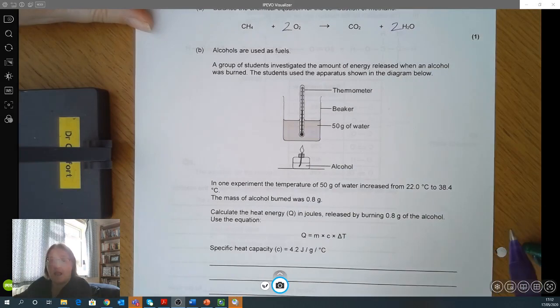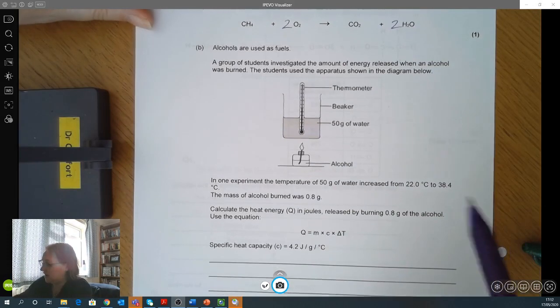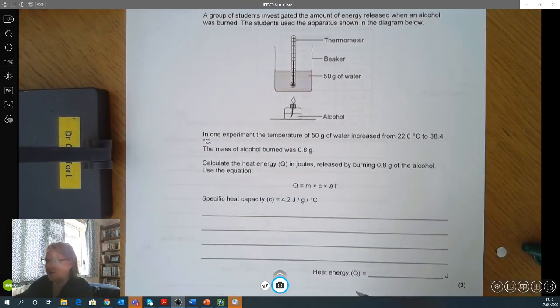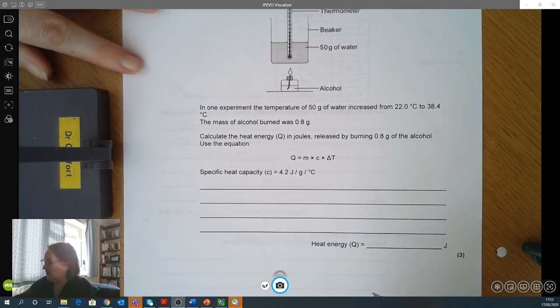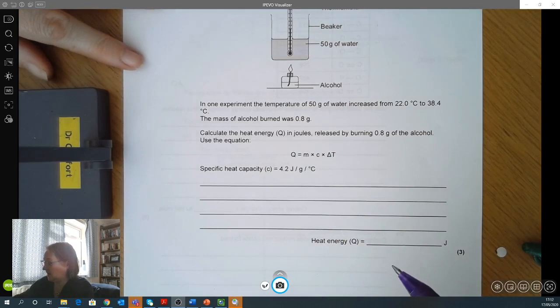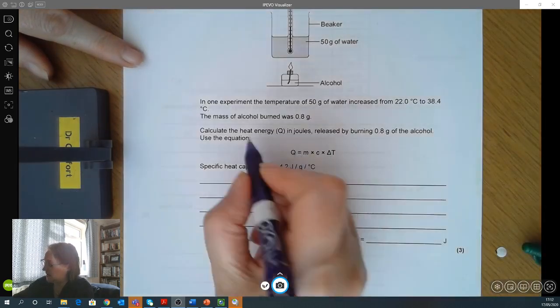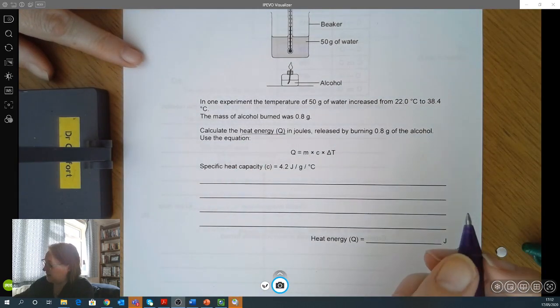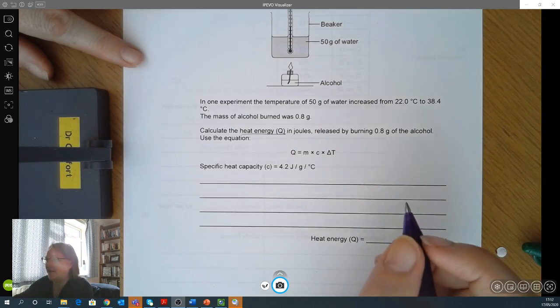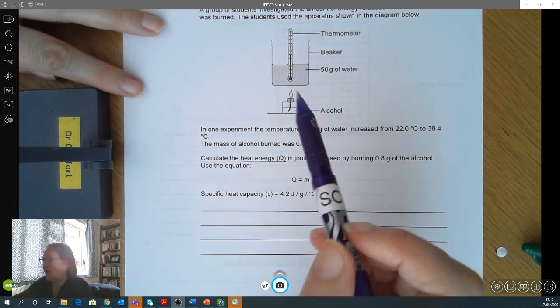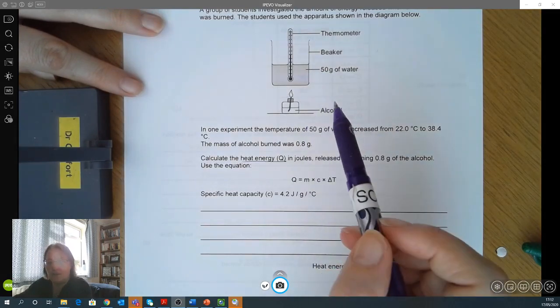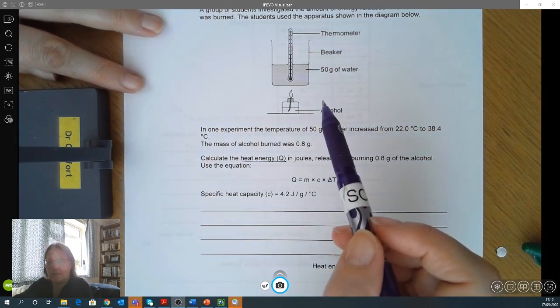So, alcohols used as fuels. It's a funny question, this, isn't it? Because it's basically physics. This is an equation that we use in physics, but they give the equations. We can just stick the numbers in, can't we? So we're calculating the heat energy in joules. The tricky thing about this is understanding this practical and what's going on. This is what I always say to you: stop and look at what they've given me and really think about what's happening here.